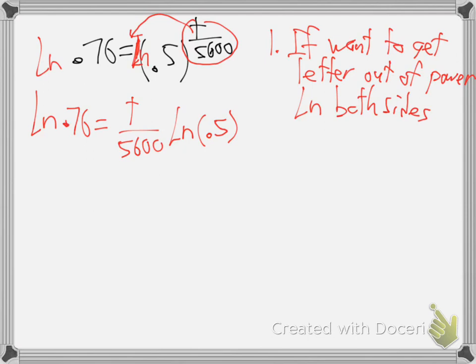Are we good there? Divide by ln 0.5. Yeah, so to get t alone, yeah, good job. So we want to get t alone now. T's out of power, it's much easier now. Now divide both sides by ln 0.5.